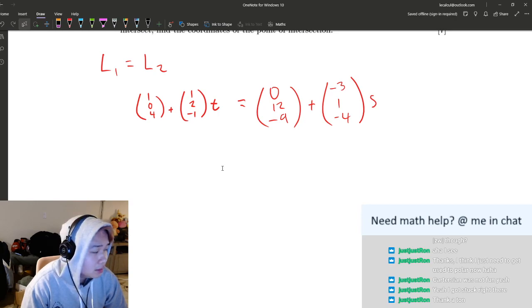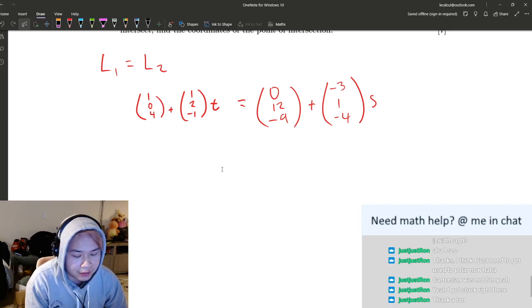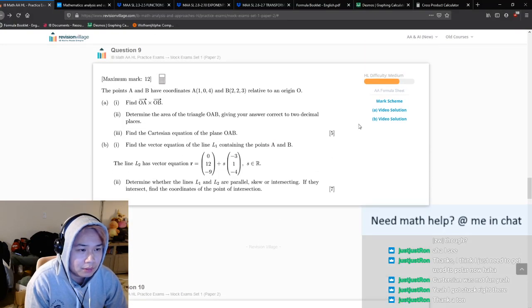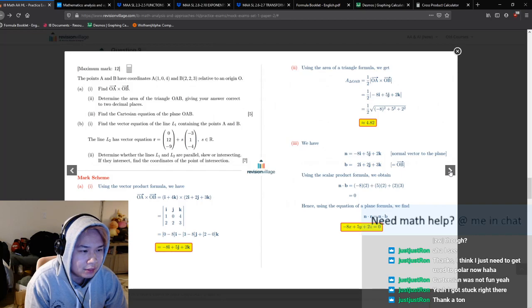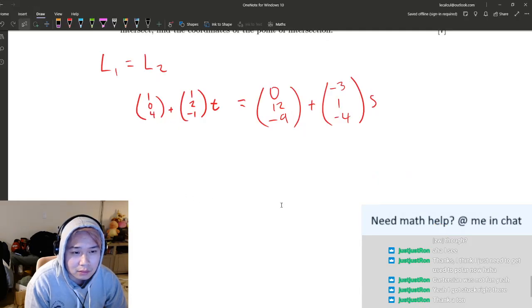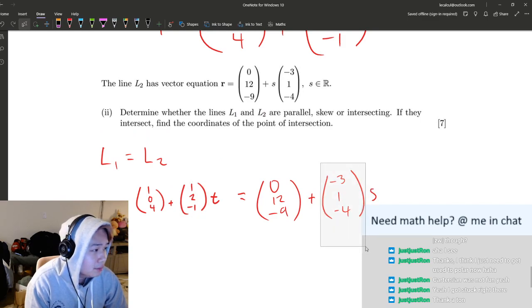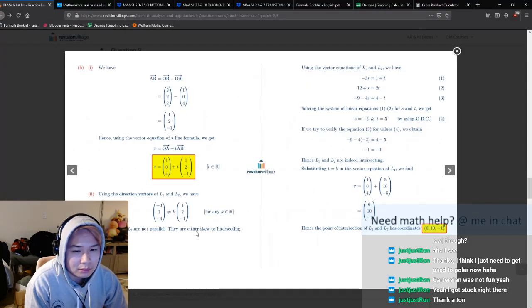Okay, and then I forget how they tell you to solve this, because I don't want to do it the wrong way. Okay, well, first off, these are not parallel, so they either intersect or they're skew, which is what this is saying.